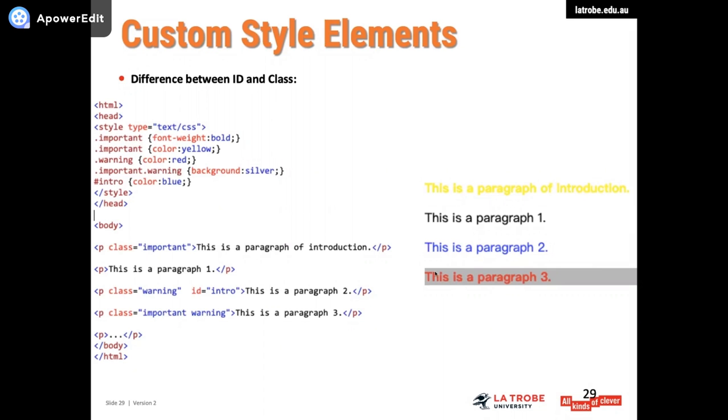If you notice here, the warning class changes the text color to red. So when you have important, with both font weight and the yellow color, combined with warning, the warning value will override the previous important text color. So the final color is red, not yellow.